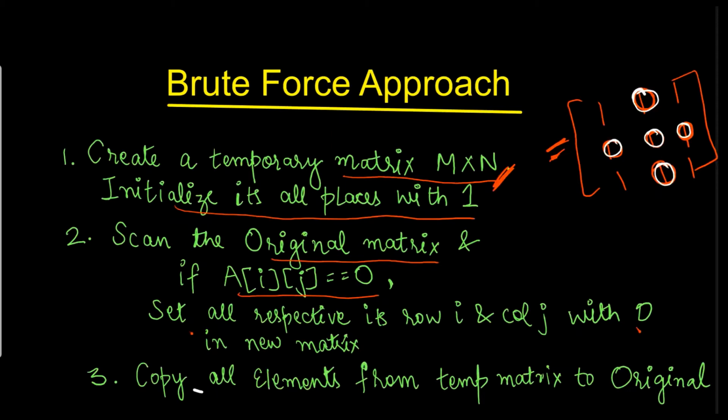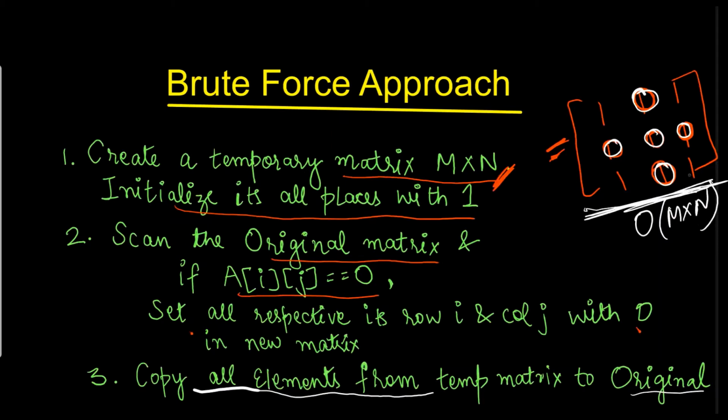And then I will copy all elements of the temporary matrix to the original matrix. As simple as that. But with the brute force approach, the space complexity will be order of m cross n, as we made a complete temporary matrix of the same length.